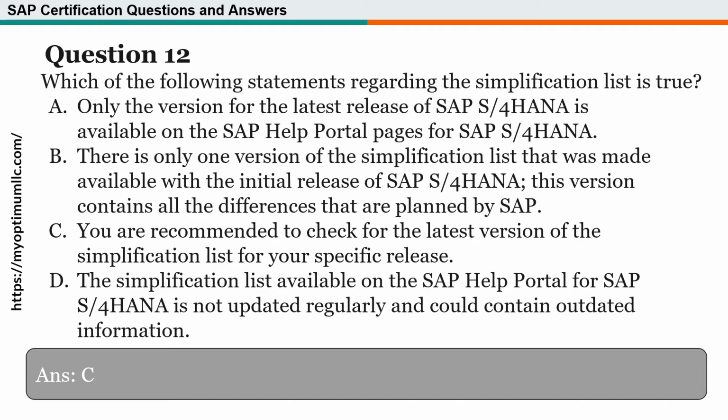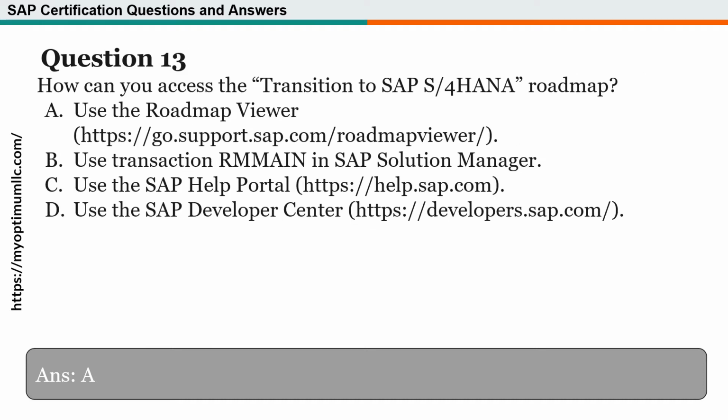C. You are recommended to check for the latest version of the simplification list for your specific release. D. The simplification list available on the SAP Help portal for SAP S/4HANA is not updated regularly and could contain outdated information.